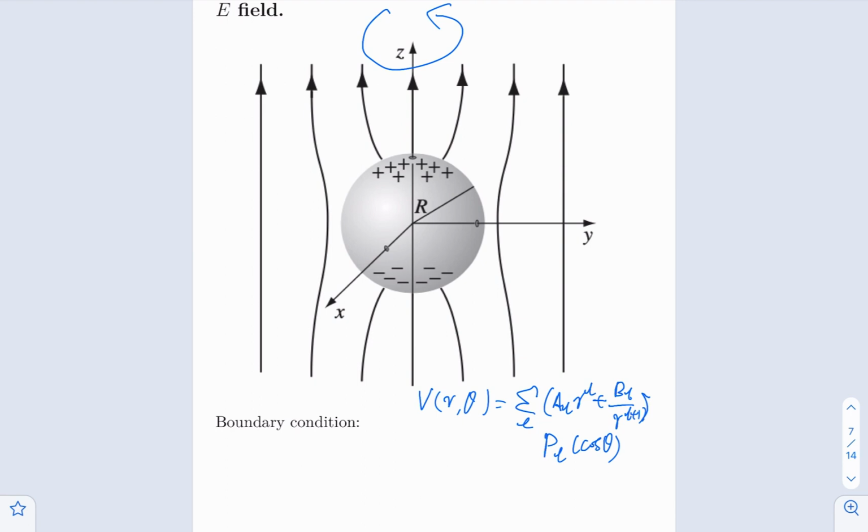Let's try to analyze the boundary conditions for this problem. There are at least two boundary conditions, right? Does anyone have any input? Could you tell me what the boundary conditions are?